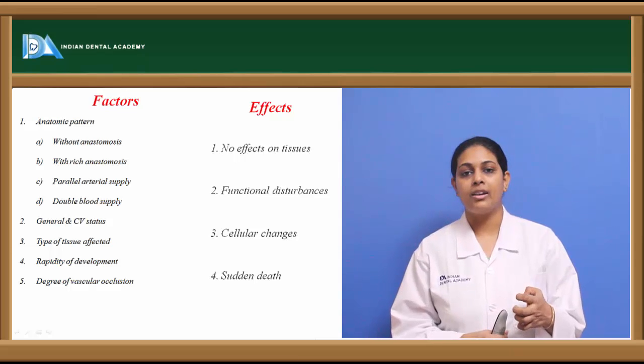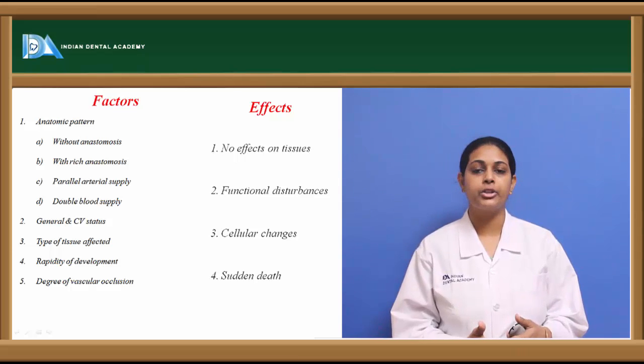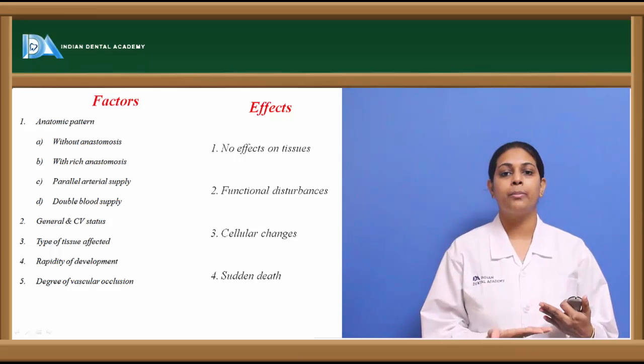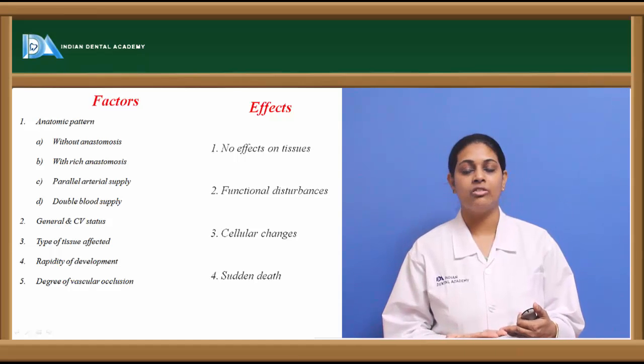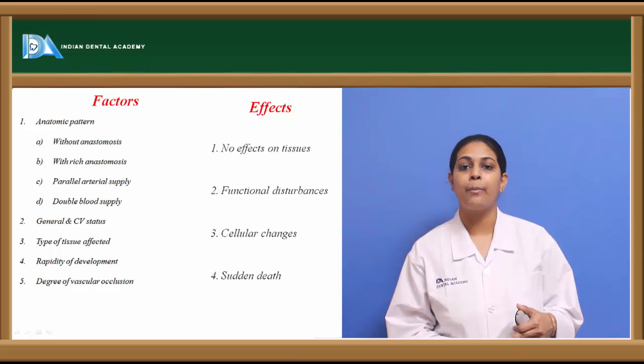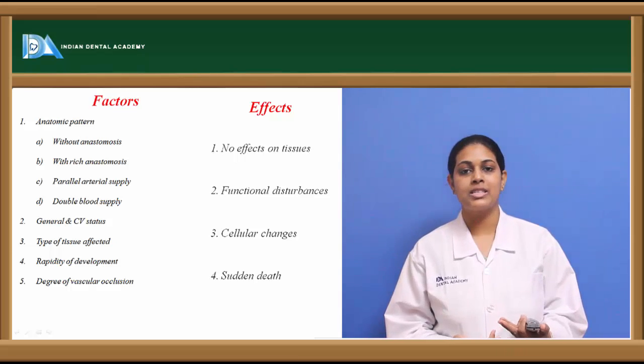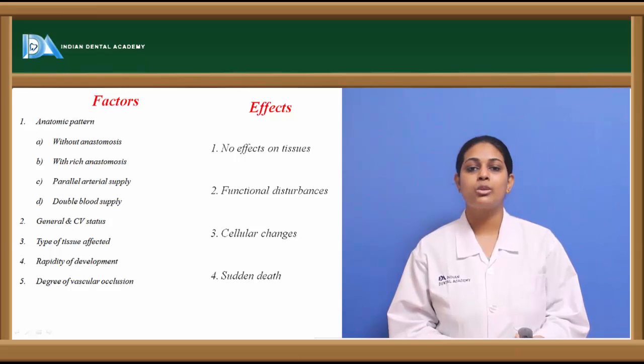Coming to the parallel arterial supply, that is, there's a dual supply to one tissue by two or three branches, such as we have seen in the liver. We see that both the portal vein as well as the hepatic artery supply the liver. Blood is supplied through the vein as well as through the artery in the liver.